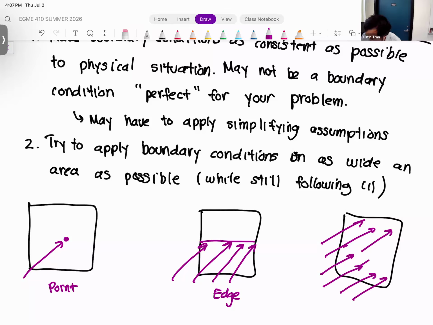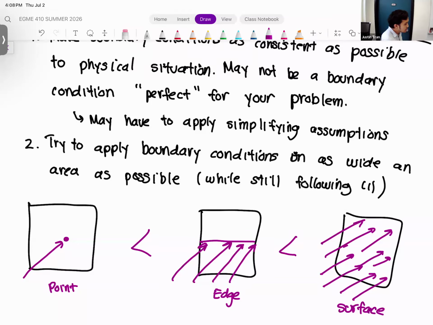It makes sense to apply it on this entire surface here. You always want to apply it on the surface. And if that's not possible, apply it on an edge. And if that's not possible, the last resort is to do a point force. So the preference is something like that. Sometimes it's unavoidable and you have to apply a force at a point, but you want to avoid those situations.